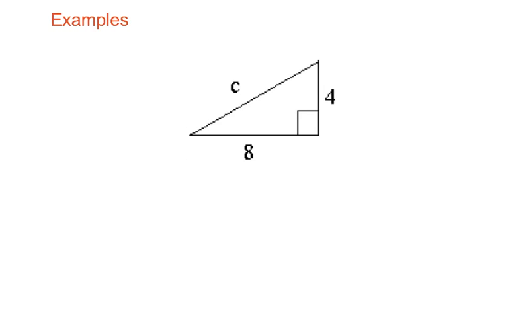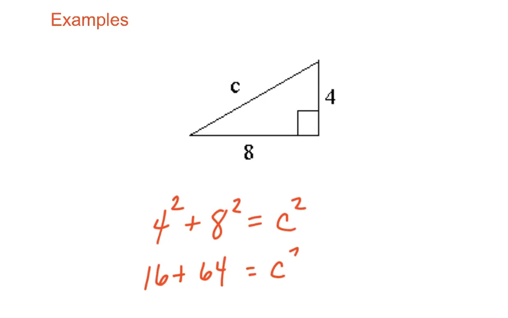Solve for C. Four squared plus 8 squared, those are both of the legs, is equal to the hypotenuse squared. So if we were to simplify this, we get 16, 64 is equal to c squared.